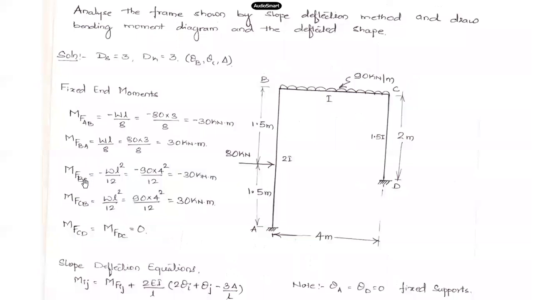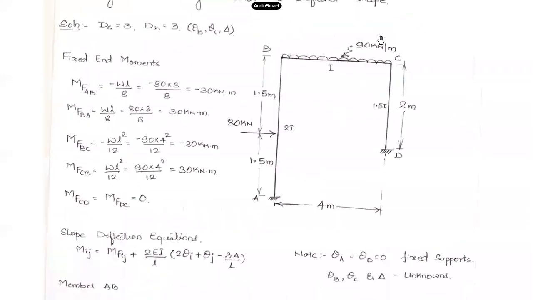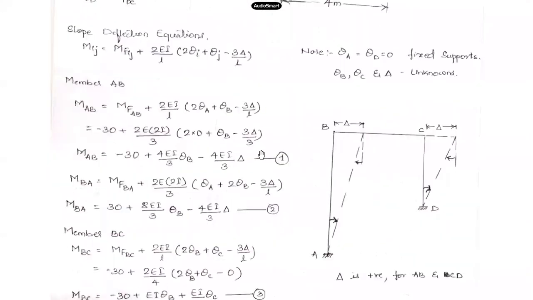You just assume MFBC and MFCB are minus 30 and plus 30. This is not 90, it is something else, such that the fixed end moments in member BC come out to be minus 30 and plus 30 with the same span. The load intensity is changing; you take it that way. Other than that, are there any confusions in sway?